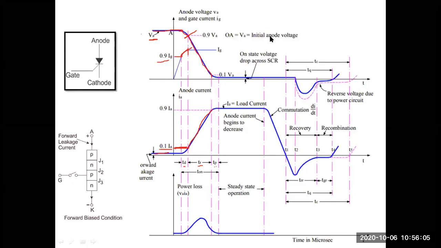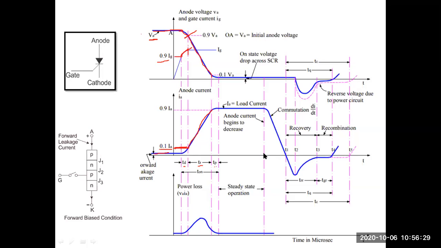Earlier it was in the forward blocking state, now we have brought this switch to complete turn on, that is the forward conduction state. So this is the turn on behavior of this SCR. Initially it is in the forward blocking state, now we have brought it to the forward conduction state.